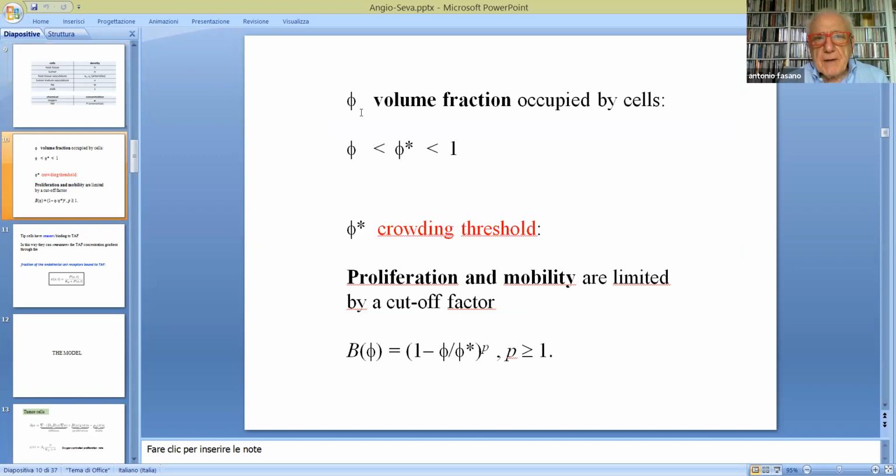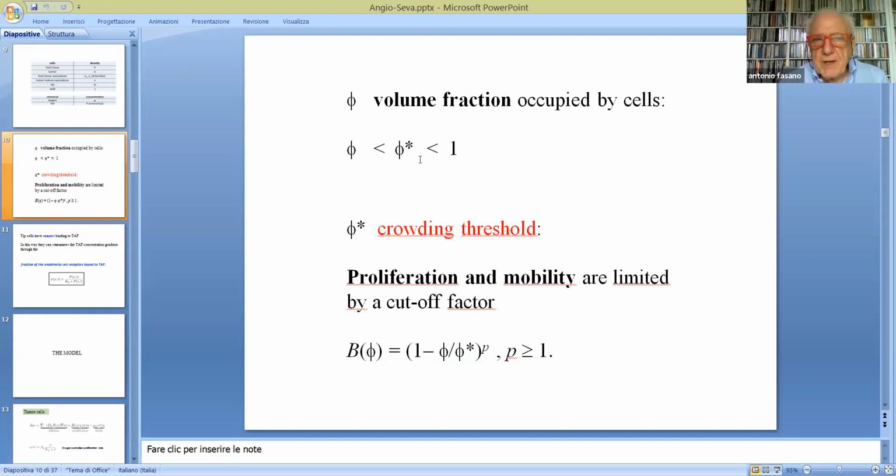Next we introduce a volume fraction occupied by cells, which by definition is less than 1. And it cannot exceed a limit value, which we call the crowding threshold.